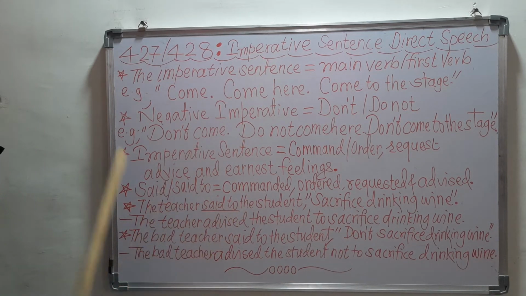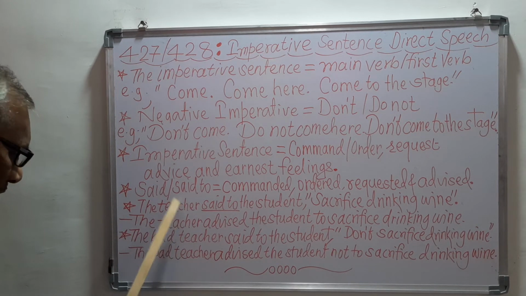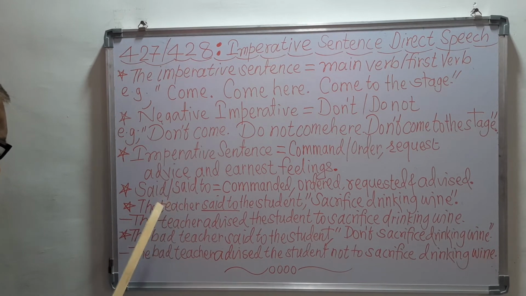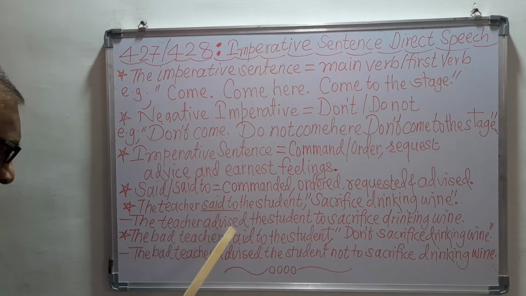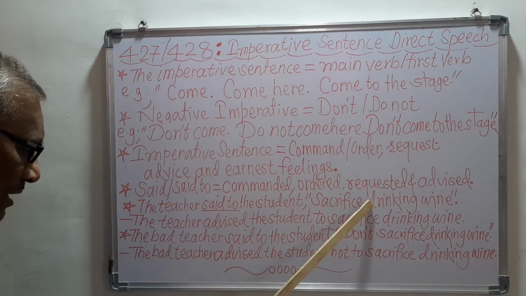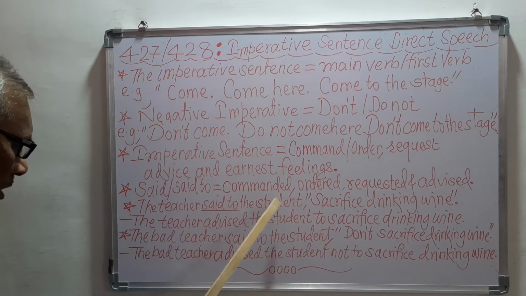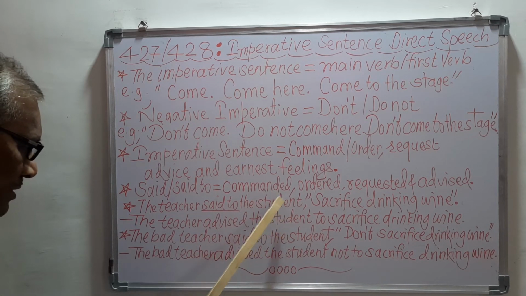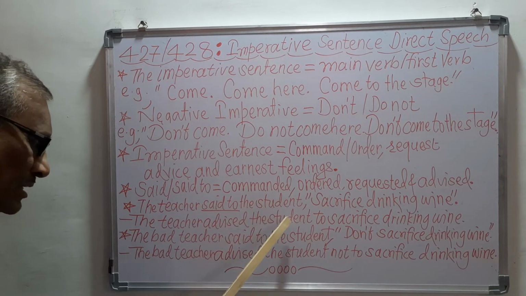Now the indirect speech: the teacher remains the teacher, because I always told you that the speaker remains as it is. "Said to" has become "advised", because there is advice in this imperative sentence. The student has become the student, because the listener never changes, and that's why I have put the student as it is.